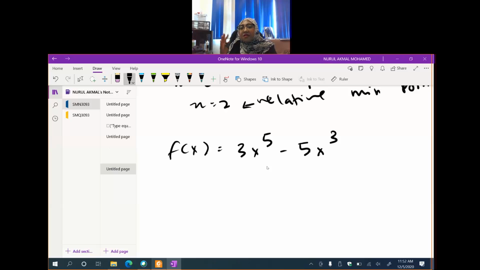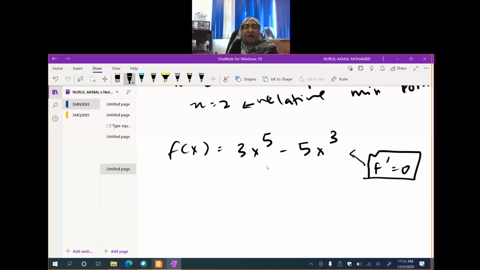There are no corner points and no vertical tangents, so the critical points will only be obtained from f prime equal to 0, not from the denominator of f prime equal to 0. You don't have to be careful about that.